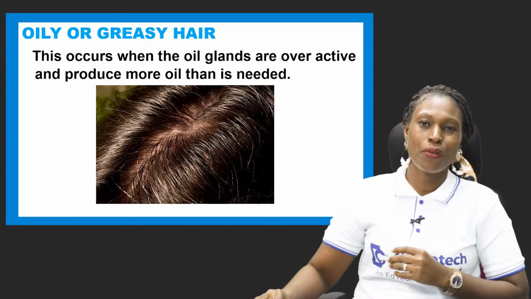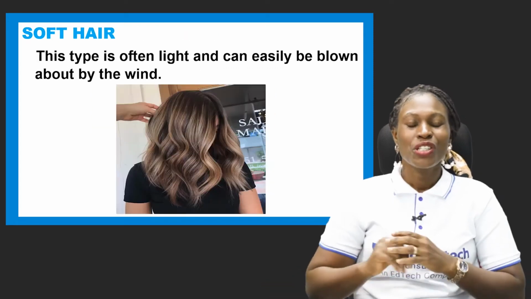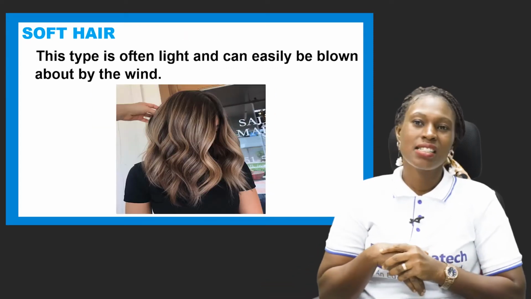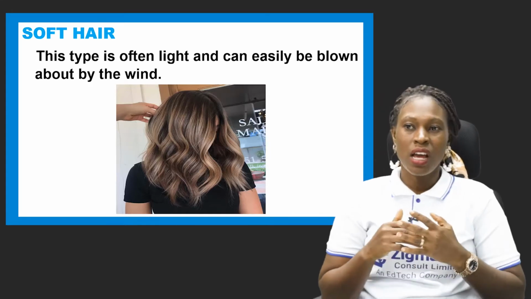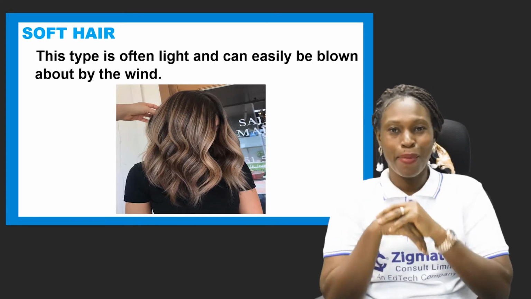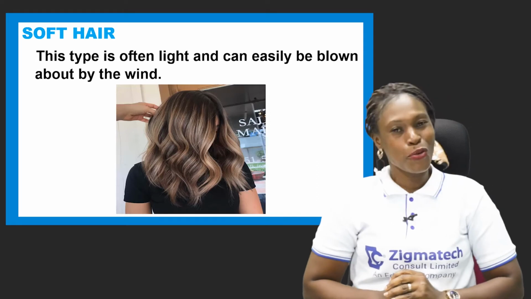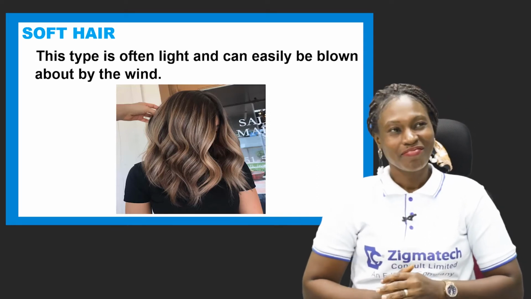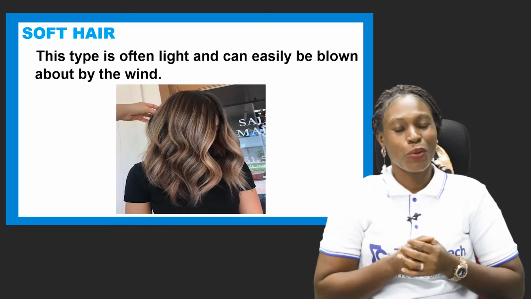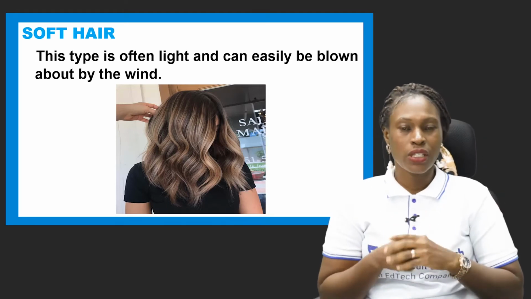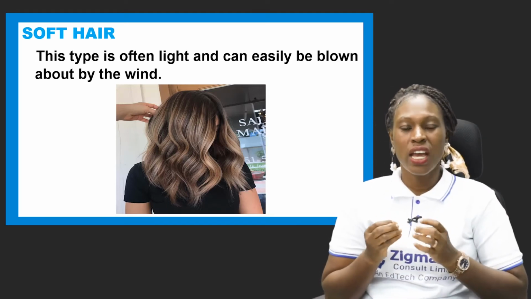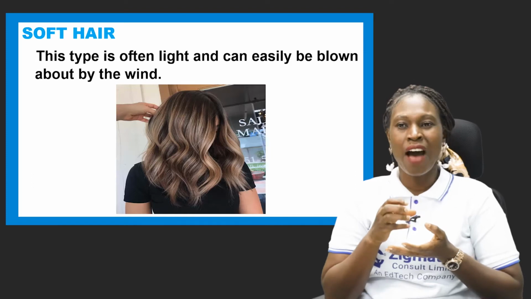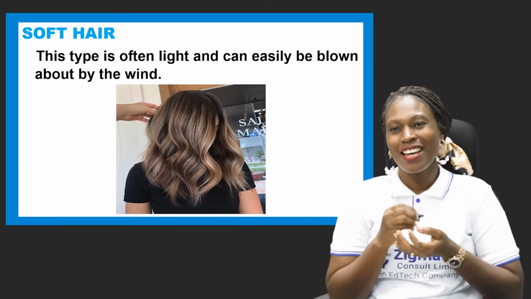Now let's look at another type of hair. Soft hair. Now this type is often light and can easily be blown about by the wind. Now, I think I can classify myself as someone that has very light hair, soft hair. Now, most people have soft hair. You know, it doesn't have weight. It's light, okay?